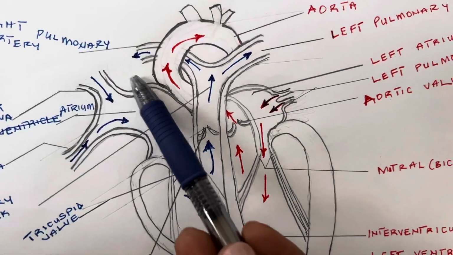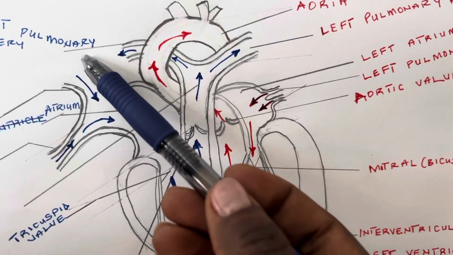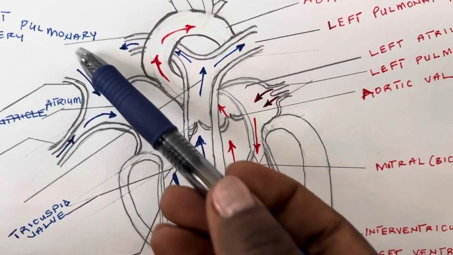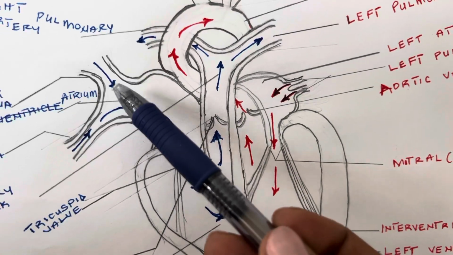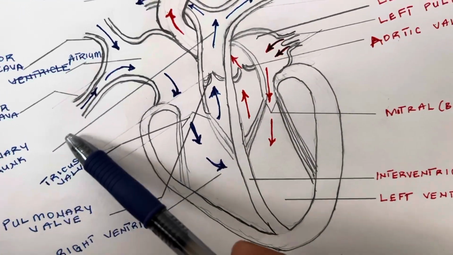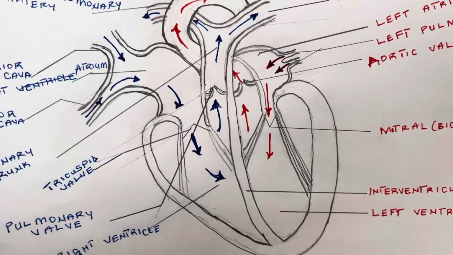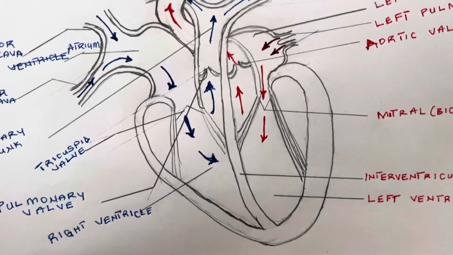I couldn't indicate those here, but we're supposed to have the brachiocephalic vein draining into the superior vena cava, and then the inferior vena cava here would drain blood from our lower extremities.